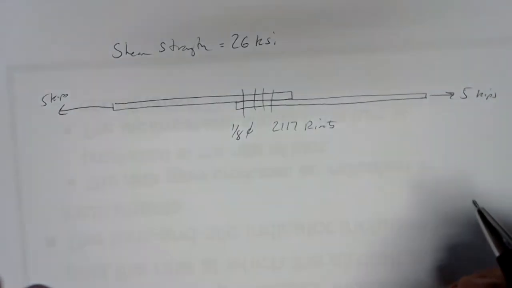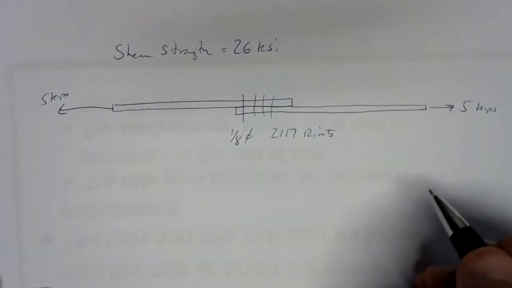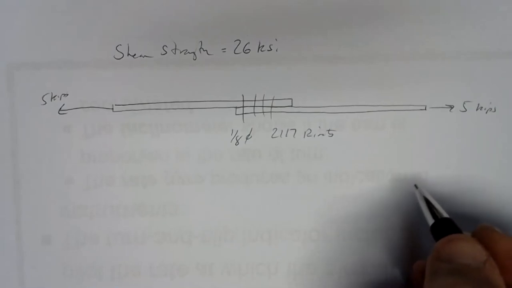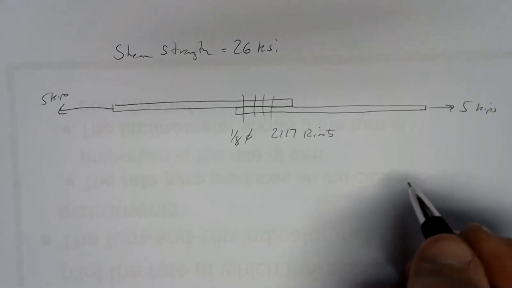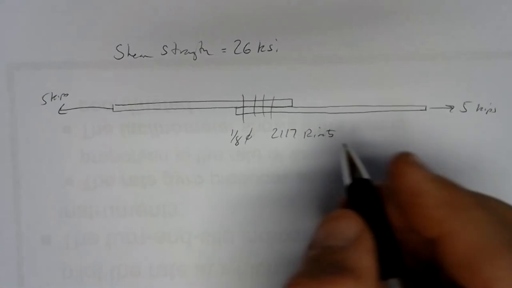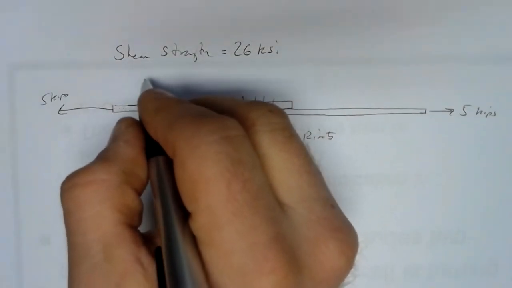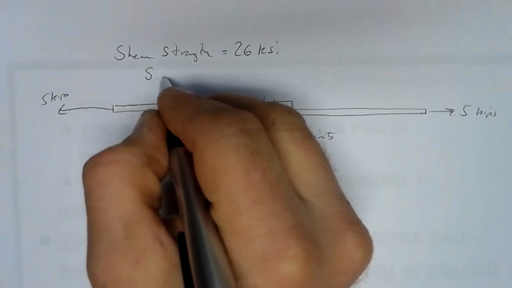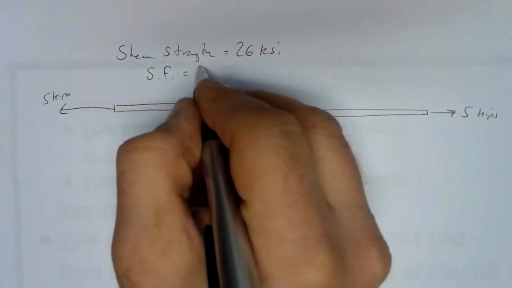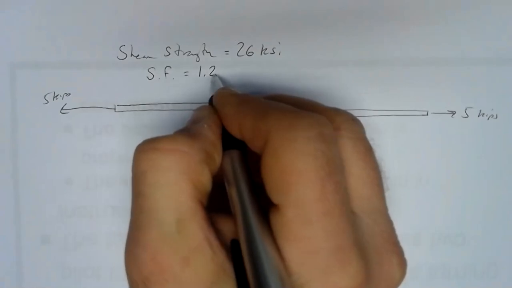We want to find out how many rivets we're going to need. But because this is an airplane, we want it to be a little bit stronger than what we expect it to be, but not too much stronger, or we'd add way too much weight. So a typical safety factor for everything except the wings on an airplane is typically 1.2. So our safety factor will be a 20% safety factor, 1.2.